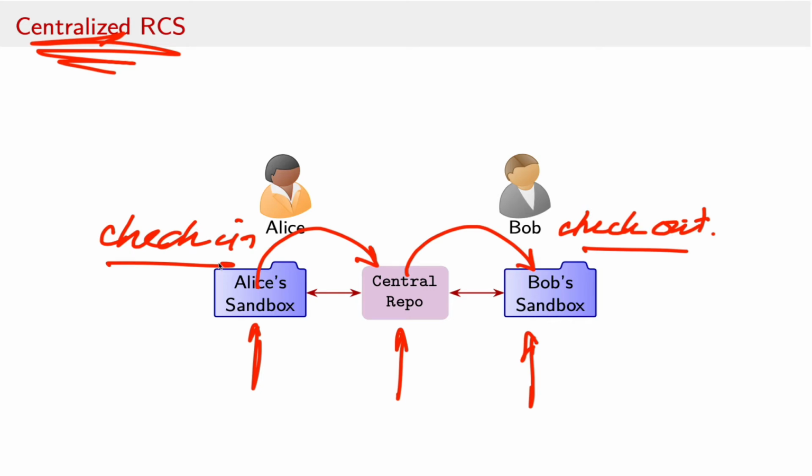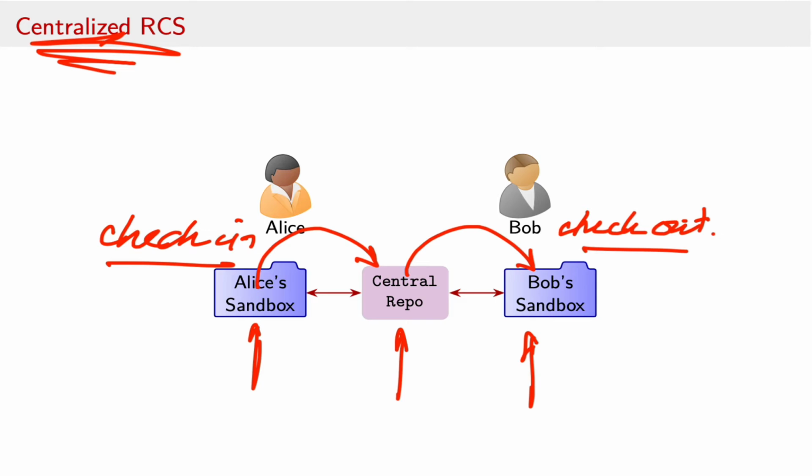Now, the way that the central repo is designed is it's now smarter than just writing to a shared directory. So it's designed in such a way that Alice's check-in is not going to overwrite any existing files in the central repository. It's going to keep track of previous versions of those same files at the same time. And then when Bob is ready to check things out, that checkout command is going to be set up in such a way that it's going to try to avoid clobbering files in Bob's sandbox that Alice might have changed, but that Bob also might have changed since the last time he retrieved files from the central repository.